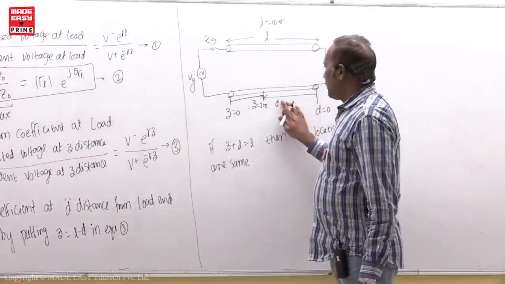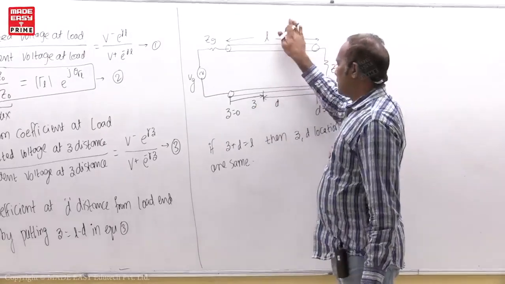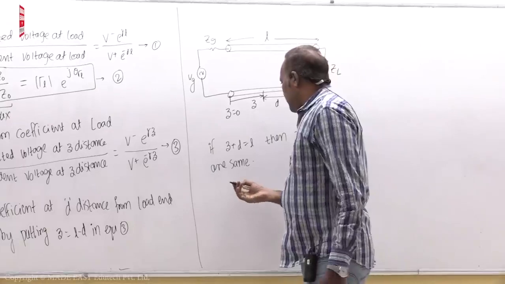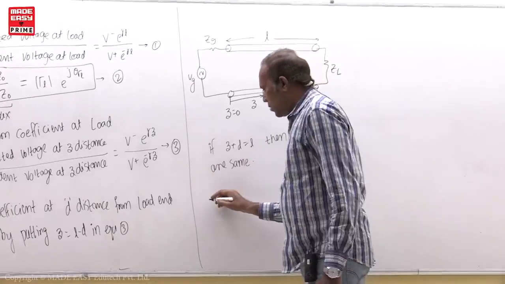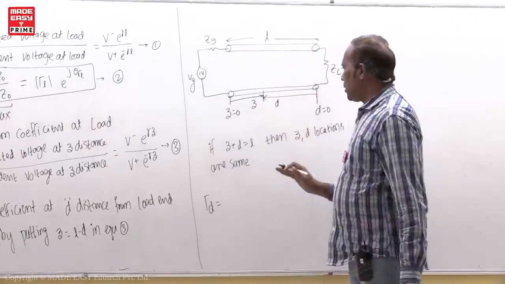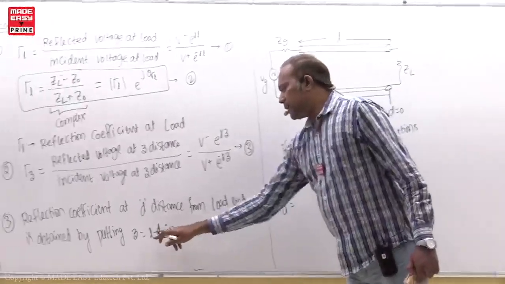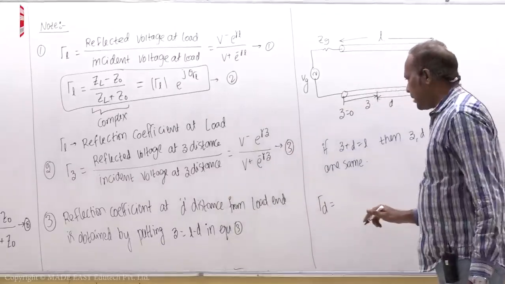Now here you substitute. The reflection coefficient at D distance from the load end is obtained by putting Z equal to L minus D in equation 3.